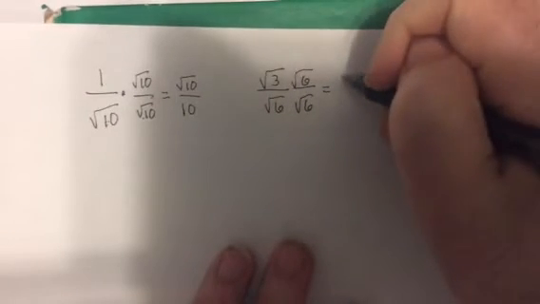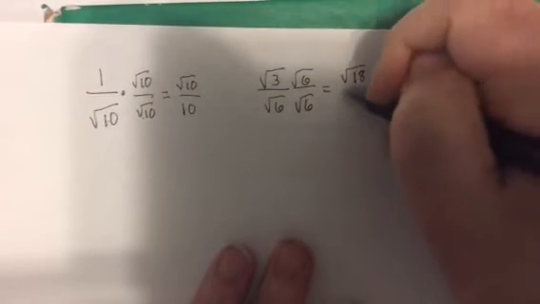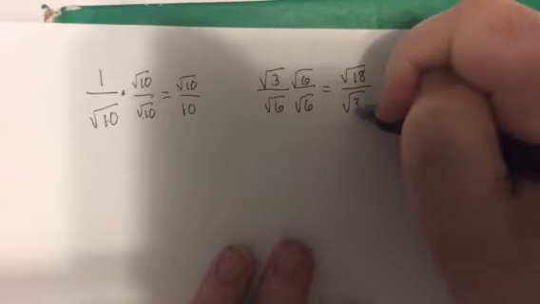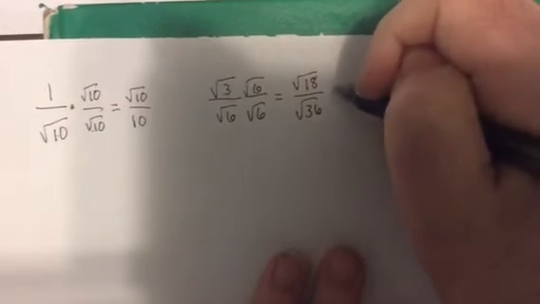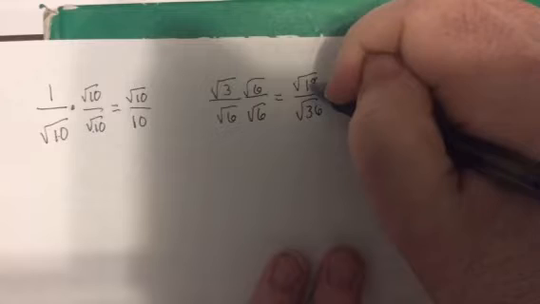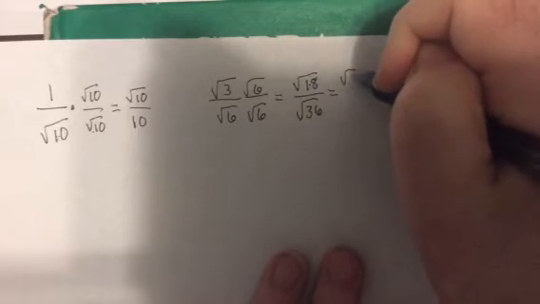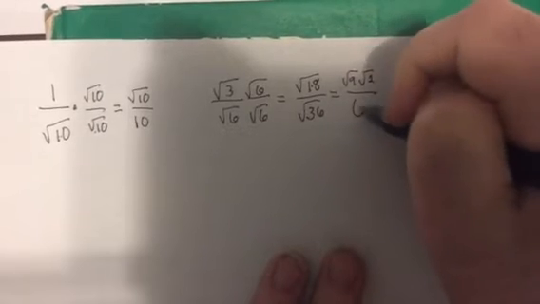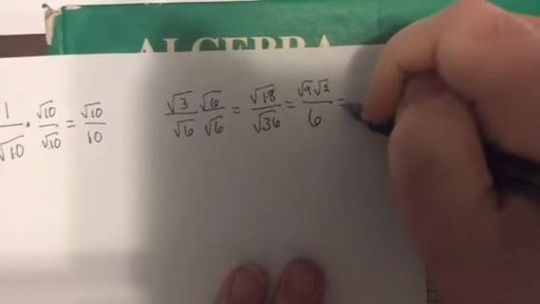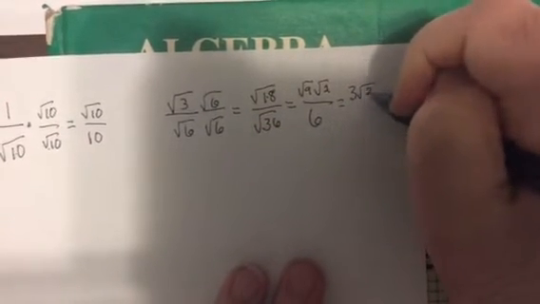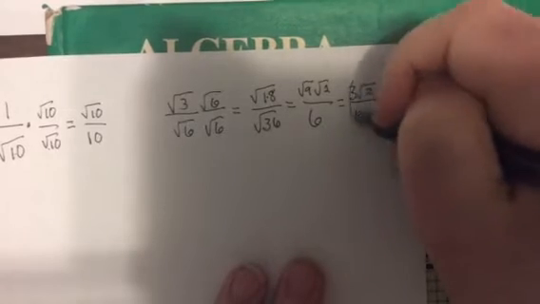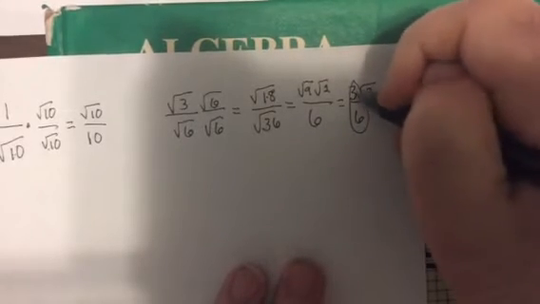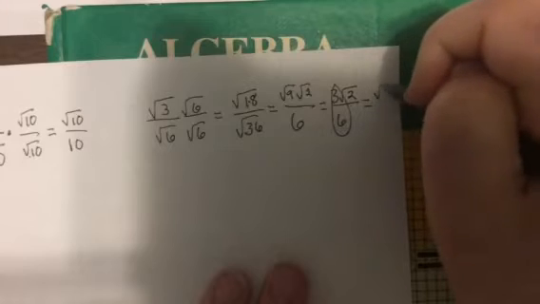So it would be square root of 18 over the square root of 36. 18 is 9 and 2. And the square root of 36 is 6. Square root of 9 is 3. Boy, I went the long way with this. Over 6. And then we can reduce because it's a product. So 3 goes into 6. It'd be square root of 2 over 2.